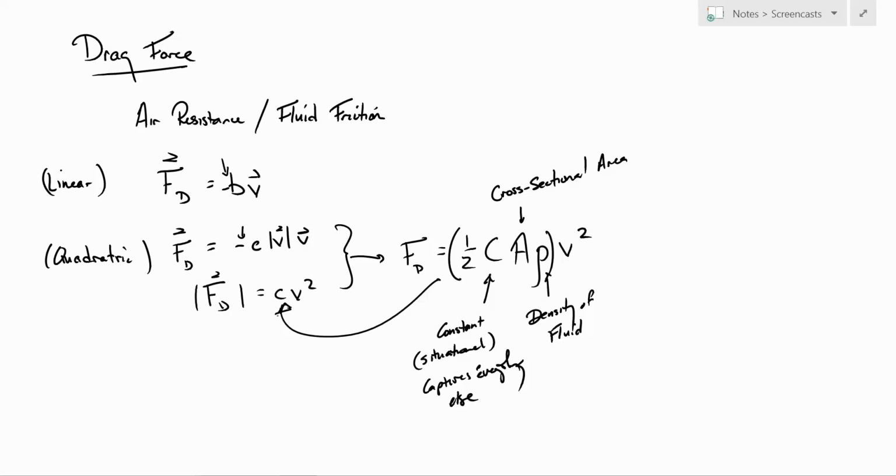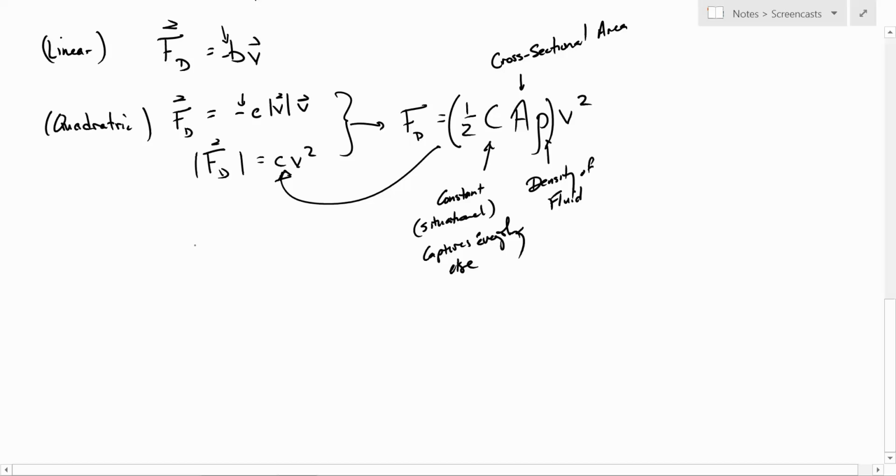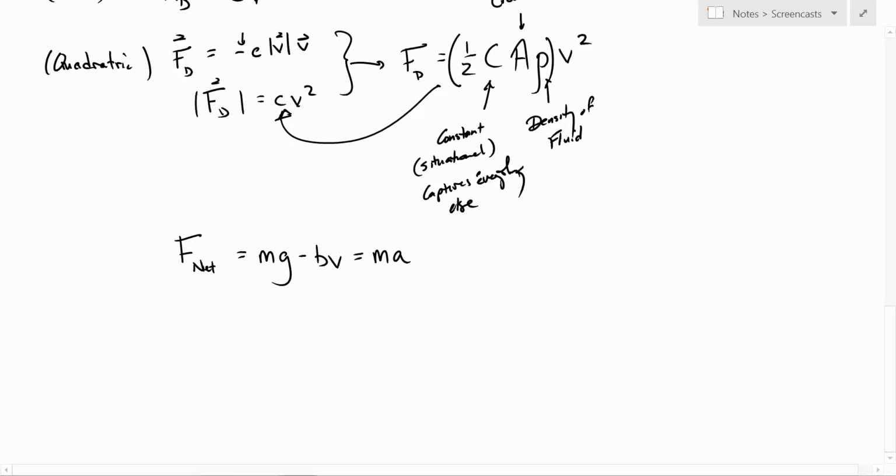One thing that we did talk about in the drag forces, and if you go watch the screencast for this, you'll see that sometimes they will ask you to write down Newton's second law for a situation where an object falls with a linear drag force, or a drag force that looks like this, and they'll give you a form for it. So this is Newton's second law, right? This is F net, and so F net equals ma. And they want you to write this as a differential equation.